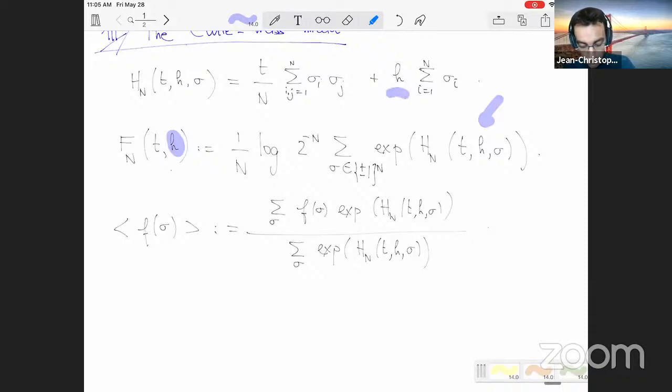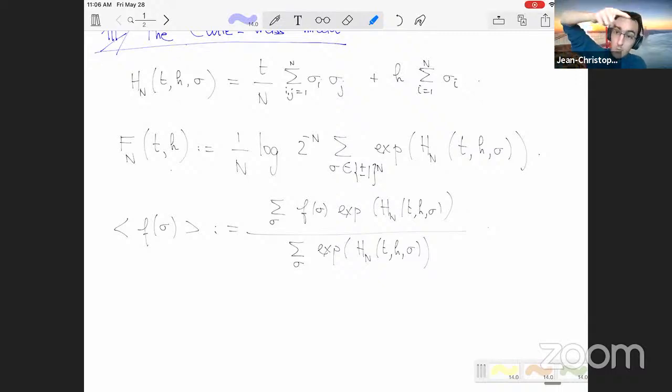When you take the derivative, there's a derivative of the log, so you have the derivative divided by the quantity itself, and the derivative will be exponential of h times the sum of sigma i.